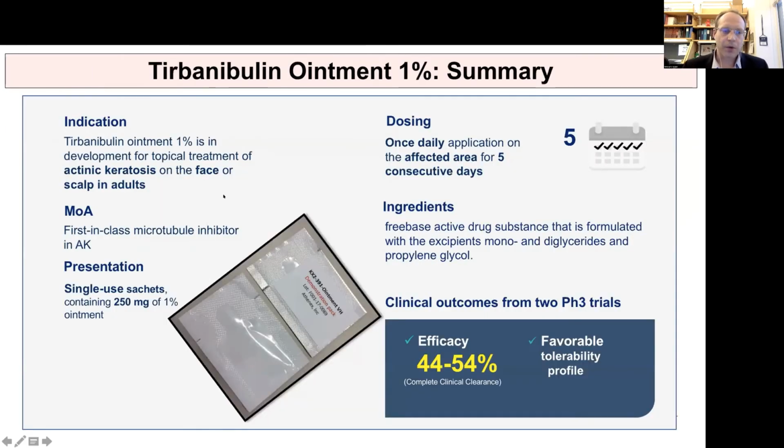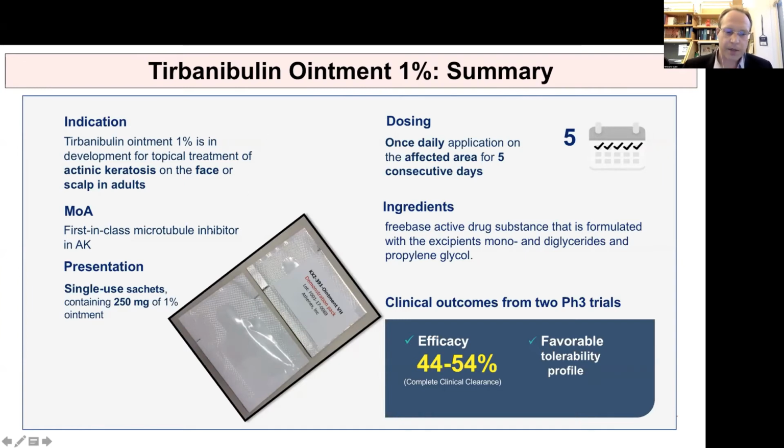So in summary, what we've discussed is that there is a new player in the topical field therapy for actinic keratoses. It's called Tirbanibulin. It works by a unique mechanism of action, at least among AK medicines, as a microtubule inhibitor. But we know that microtubule inhibitors have been used for quite a long time in solid organ cancers, right? But in this case, it's packaged uniquely in this Tirbanibulin ointment.